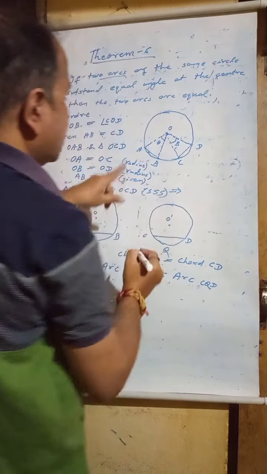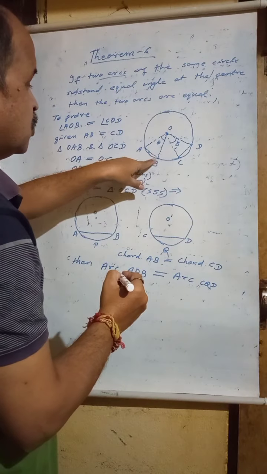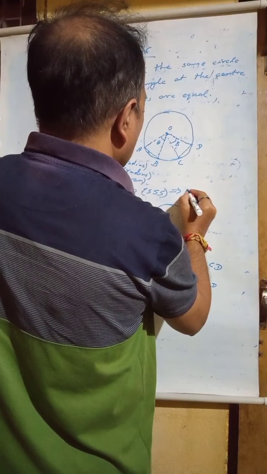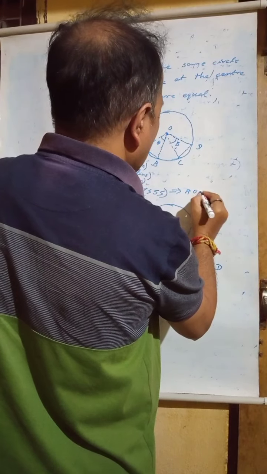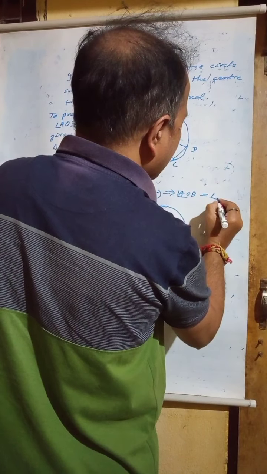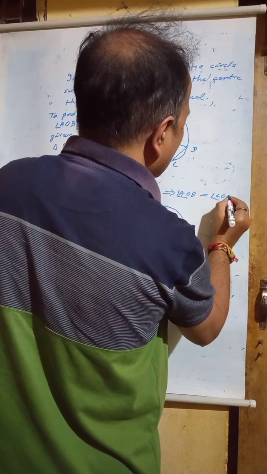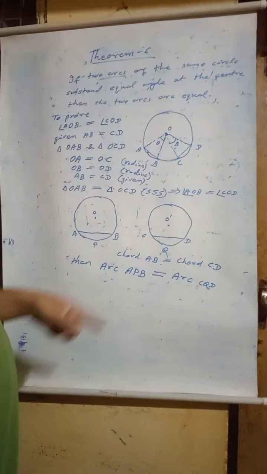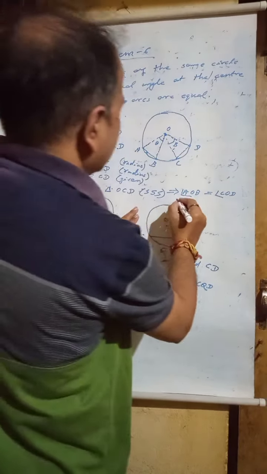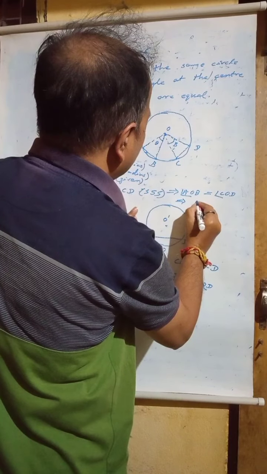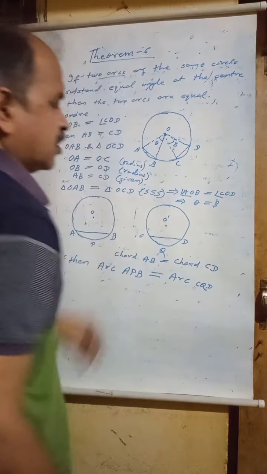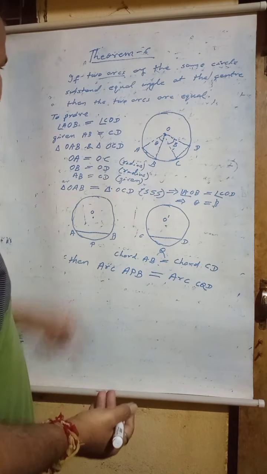This implies the angle opposite to sides AB and CD, angle AOB, is equal to angle COD. Got it? So theta equals beta. It is proved now.